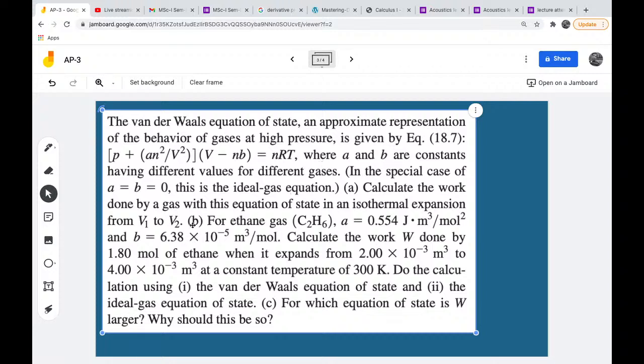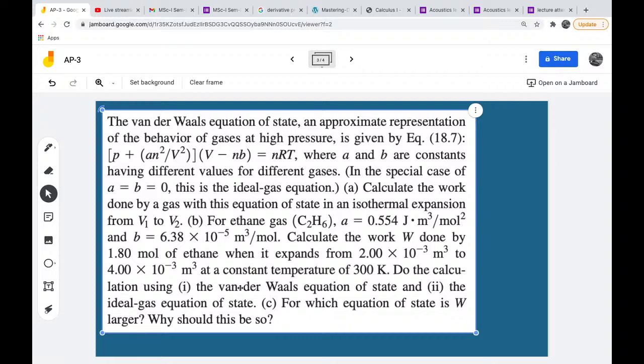Calculate the work done by the gas with this equation of state in an isothermal expansion from V1 to V2. For ethane, C2H6, a and b are given. Calculate the work done by 1.80 mole of ethane when it expands from 2 x 10^-3 m^3 to 4 x 10^-3 m^3 at a constant temperature of 300 Kelvin.